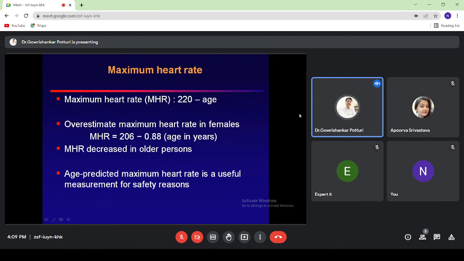The maximum heart rate is calculated by a formula, 220 minus age. This overestimates maximum heart rate in females, where MHR is equal to 206 minus 0.88 times age. MHR is decreased in older persons. Age predicted maximum heart rate is a useful measurement for safety reasons.